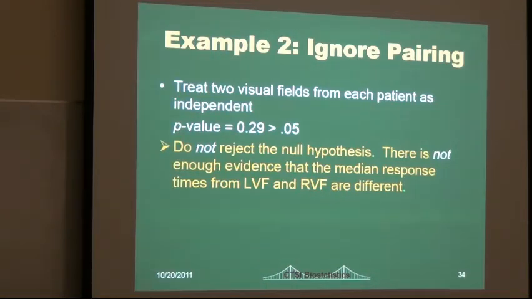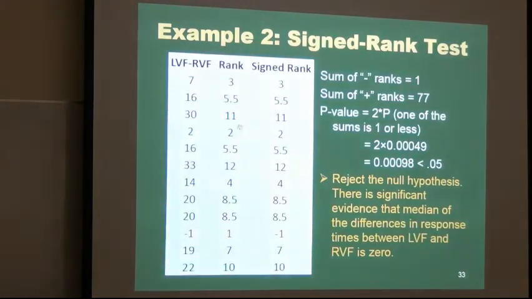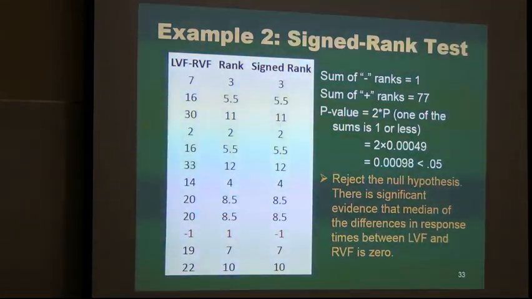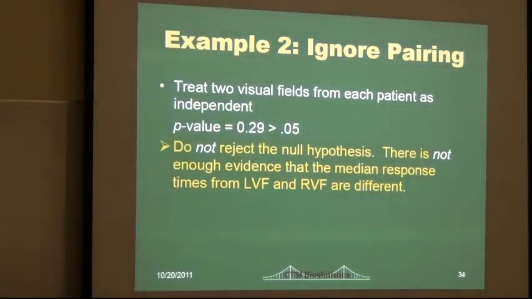The difference between the sign rank test and the sign test is that in the sign test, we didn't care about the ranking. In the sign rank test, we actually did look at the ranking, and that affected the test statistic. Let's say you have an example where 50% of the observations have a positive sign, and 50% of the differences have a negative sign. If you use the sign test alone, you would not reject the null hypothesis, because you have an equal number of positive and negative differences.